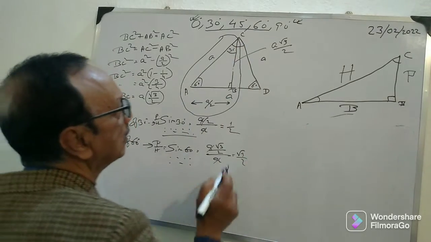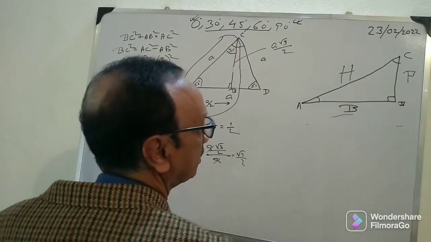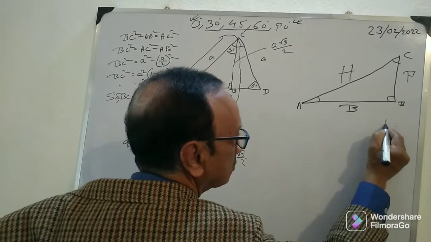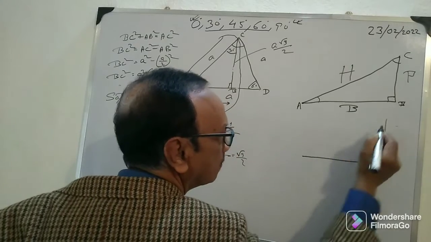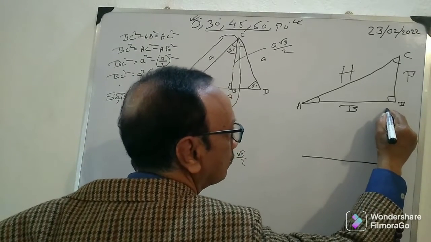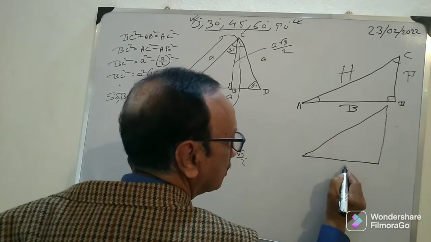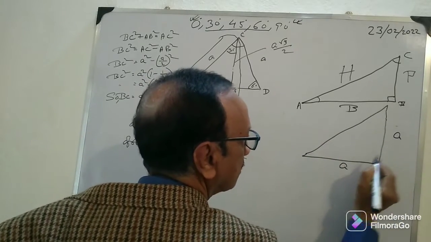Now for 45 degree, suppose this is a triangle where this is A, this is A. Why?